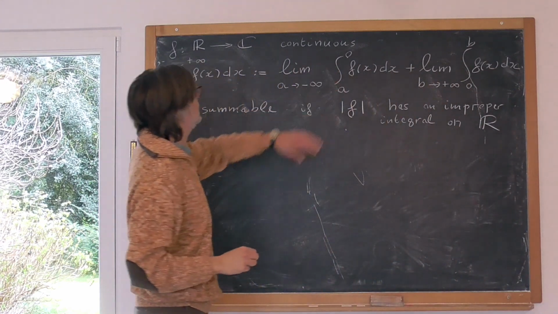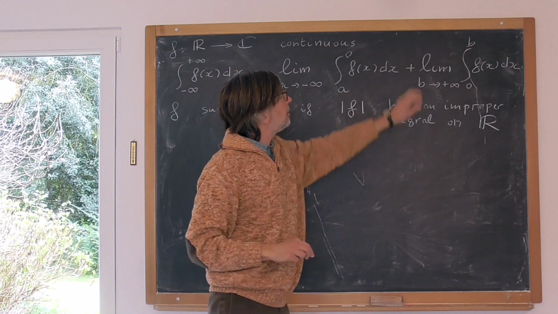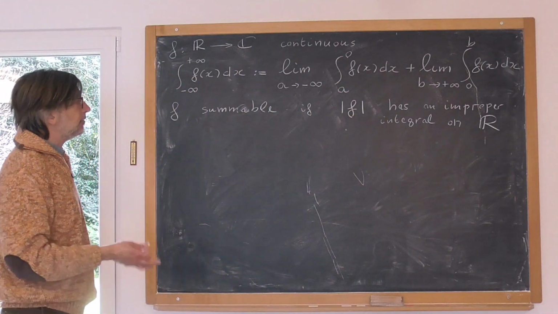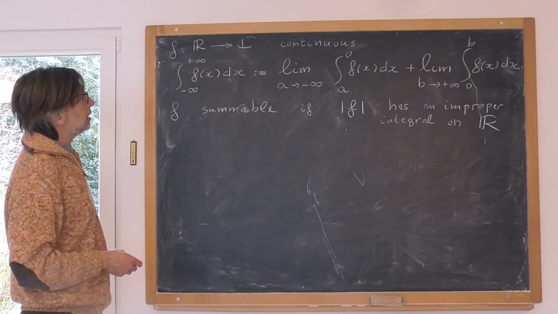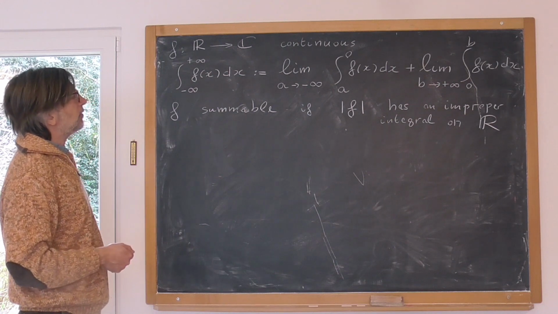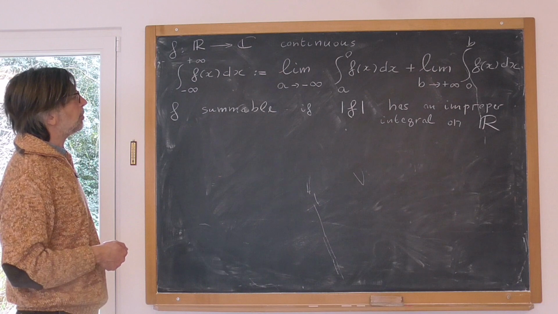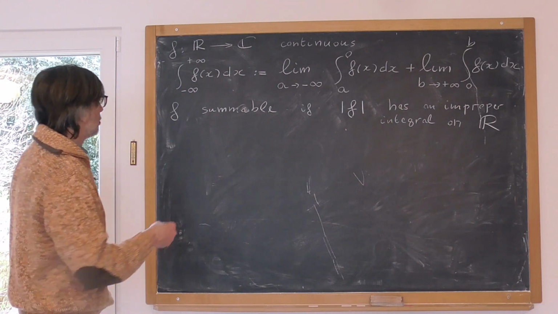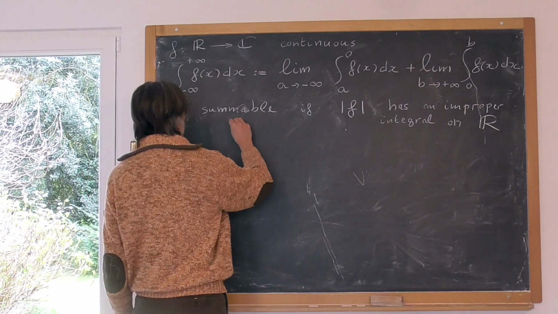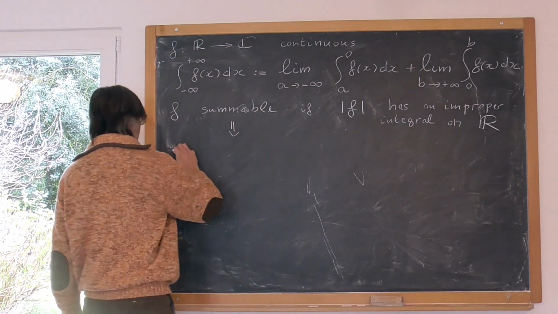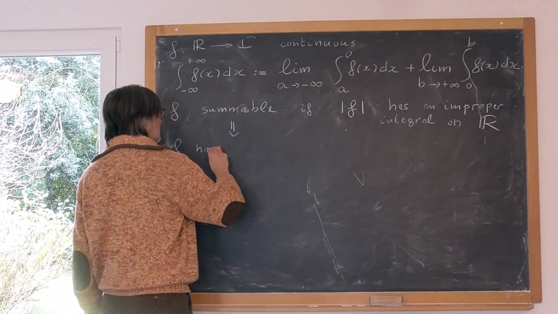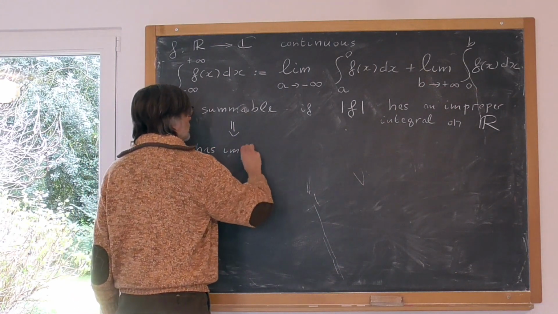Okay, so when you apply this to the absolute value of f, if the function absolute value of f happens to have an improper integral, then you say that f is summable. The general fact is that f summable implies that f itself has an improper integral.